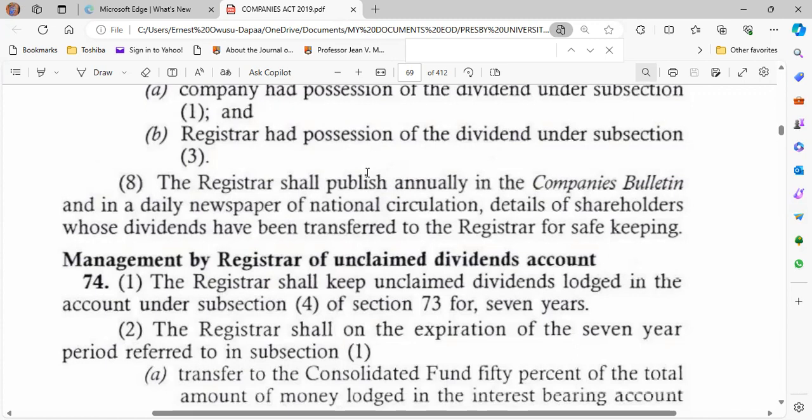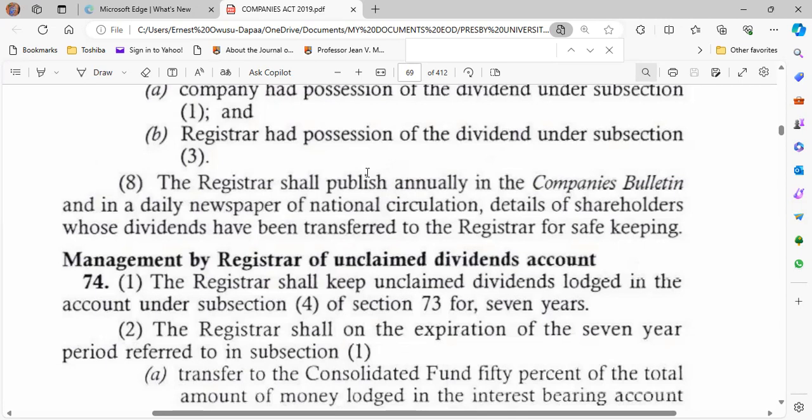I stand to be corrected, but probably because I don't see the Daily Graphic every day, I'm yet to see whether the Registrar of Companies has actually made such a publication, that is, publishing details of shareholders whose dividends have been transferred to the registrar for safekeeping. If anybody has come across one, he or she can share the information with us.